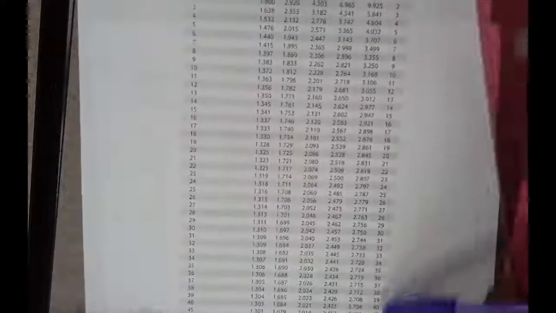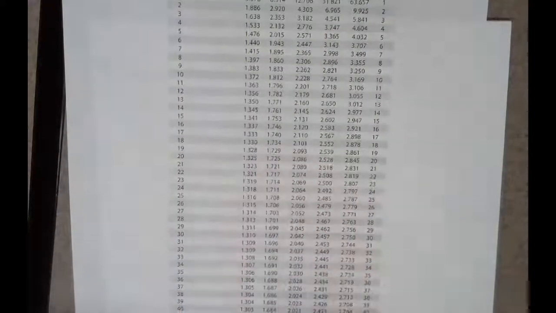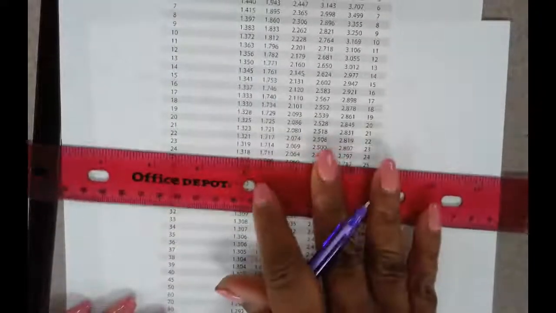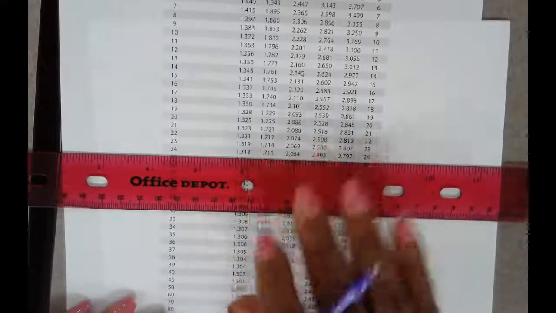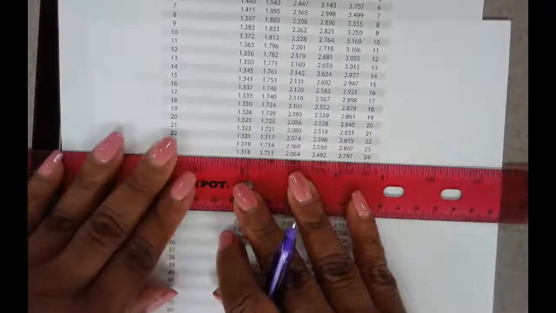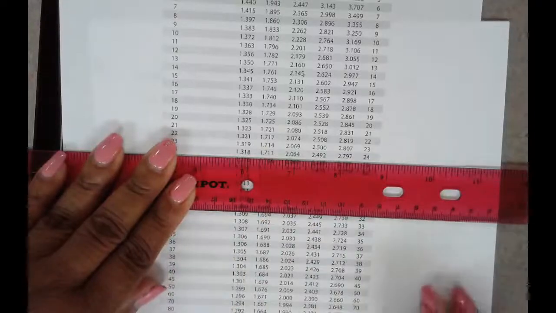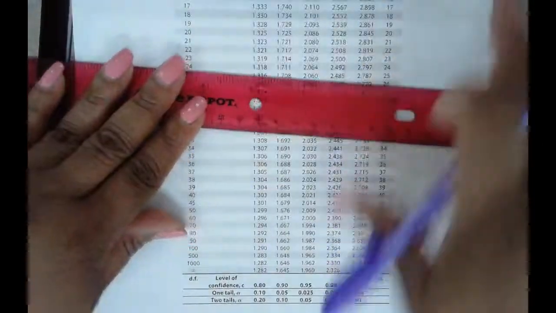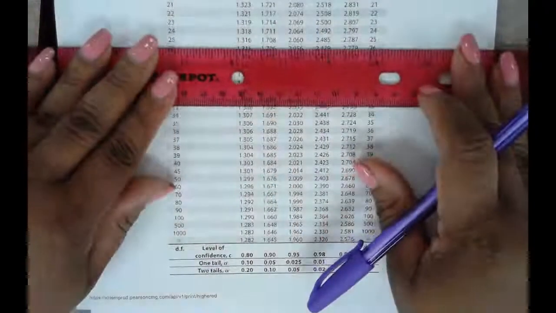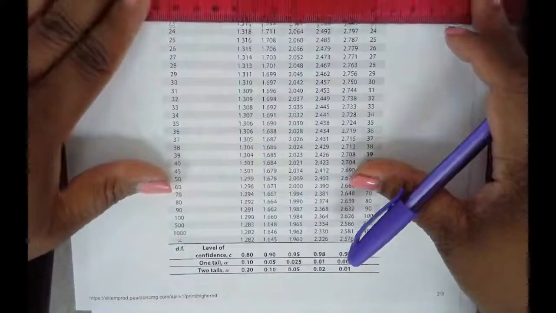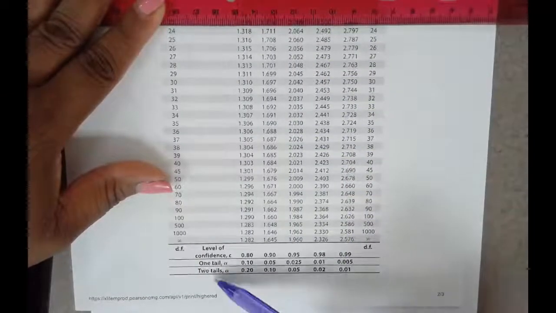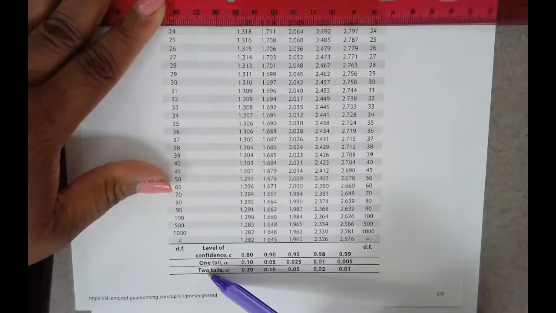So the degree of freedom at 24, there's 24. Here I need 2 tails, and the level of significance here is 0.10.